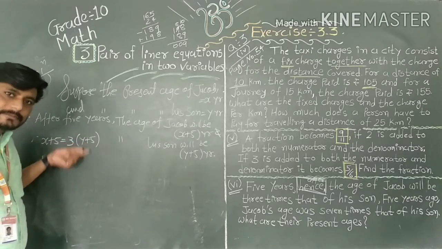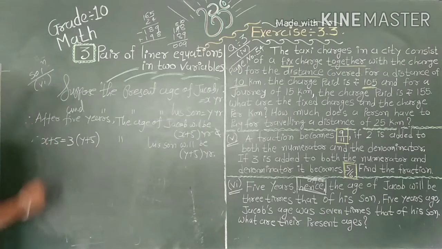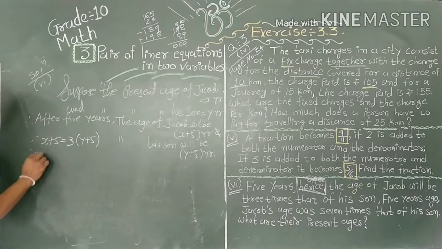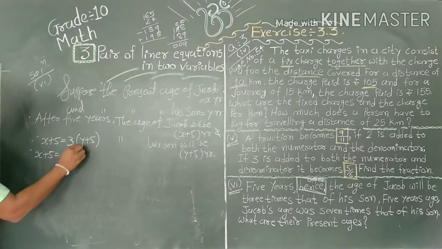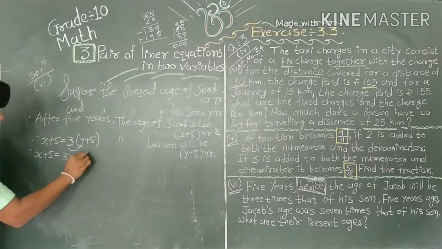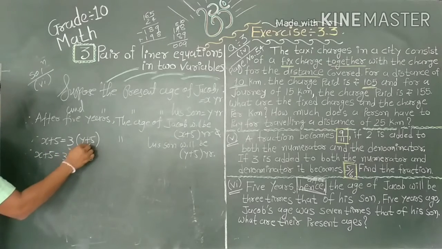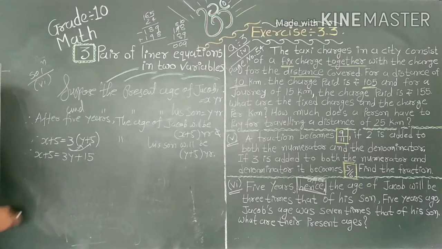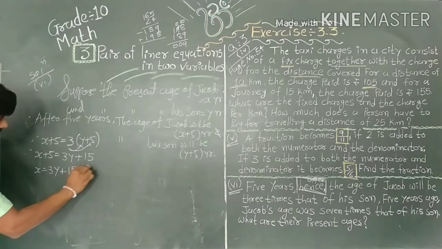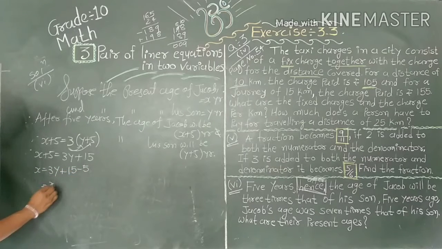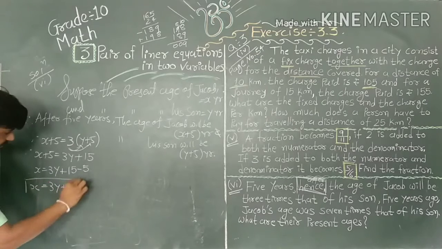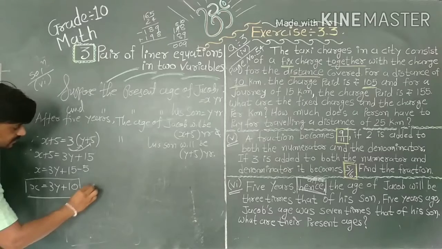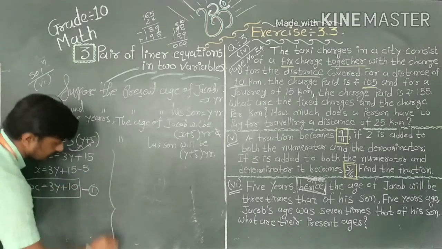Now first of all, we simplify this equation. x plus 5 is equal to 3y plus 15. Now I get the value of x. x is equal to 3y plus 15 minus 5, that means 3y plus 10. Say this is equation number 1.